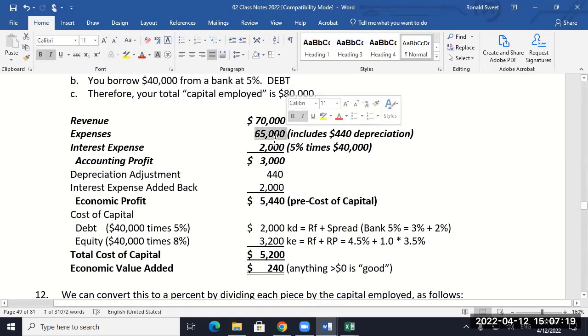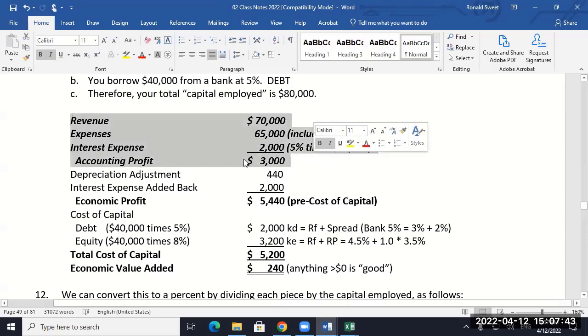Your expenses are 65,000, maybe 60,000 of that is a salary you pay yourself. You also have $440 in depreciation. You're going to pay the bank 5%. For 40,000 bucks, you're going to pay the bank $2,000 in interest. So your accounting profit is $3,000.